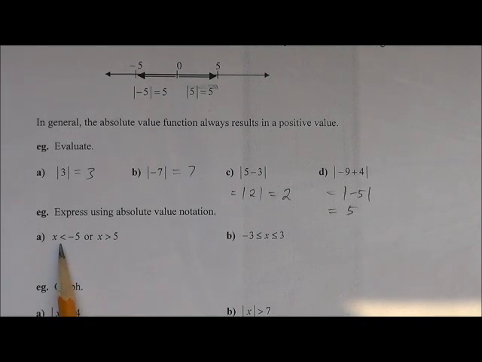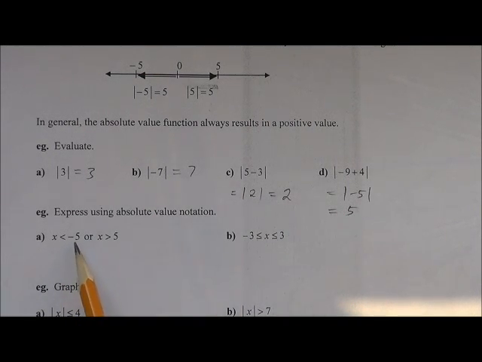And so for x is less than -5, what's less than negative 5? It would be negative 6 or negative 7 or negative 8, or even any decimal value, negative 5.1, negative 5.01, or negative 5 1/4, or whatever it could be.